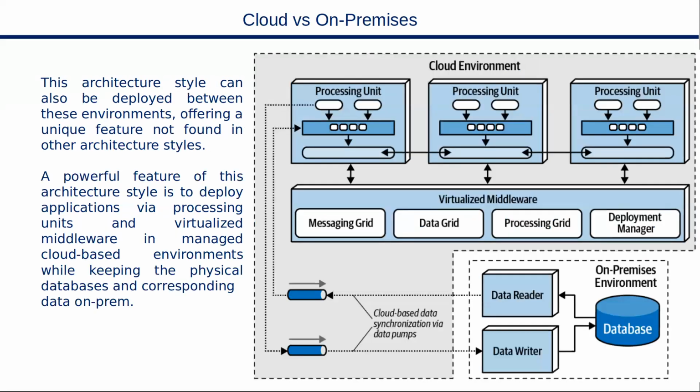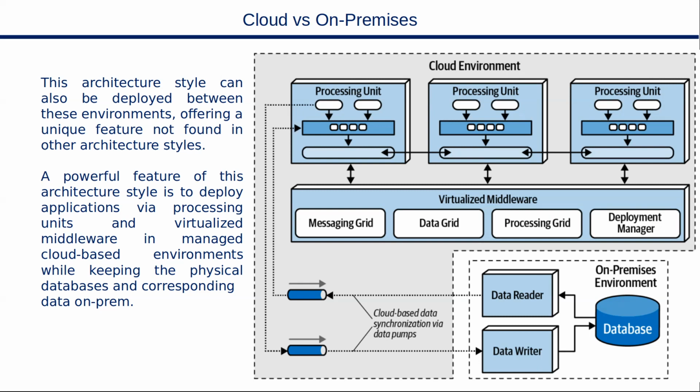Yeah, next, let's take a look at cloud or on-premises. Actually, this architecture style can be deployed between these environments. That's one of the benefits, because mostly when we have a request to build something in the cloud or on premise, it influences our decision.